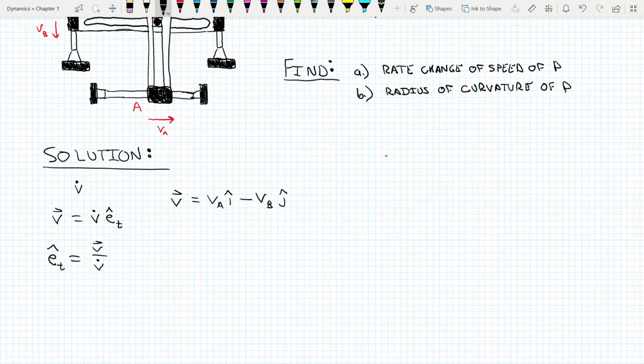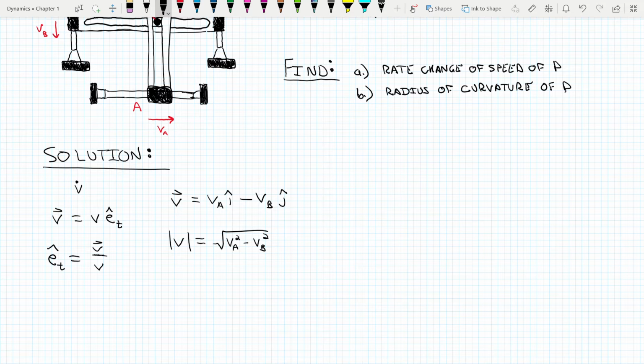We can find the... these are not dots. That's my mistake, but we can find the magnitude of V with the square root of the squares of VA and VB. This negative doesn't matter because this is squared, turns into a positive.